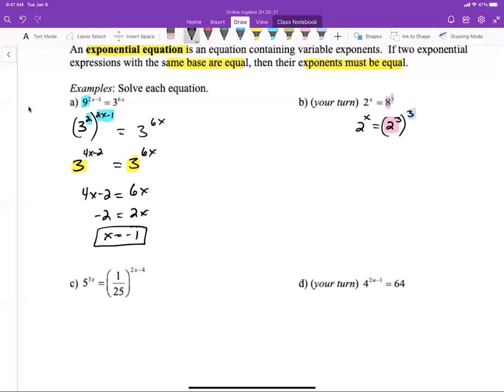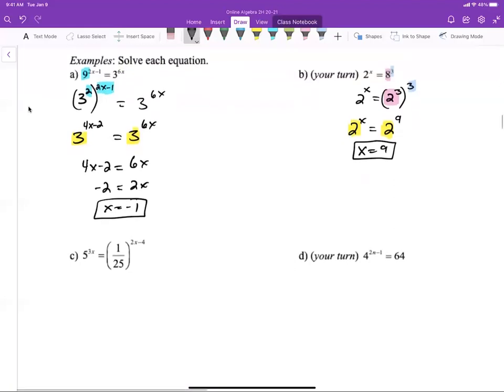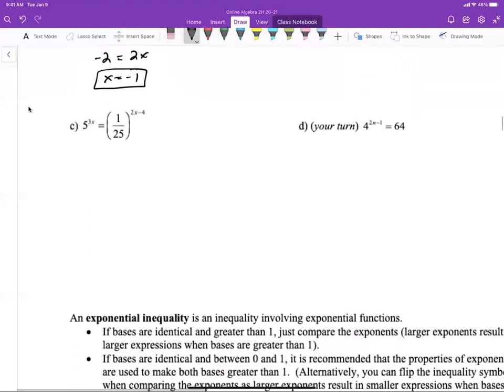Now I've used my rules for exponents, and I find that 3 times 3 is 9, so the right-hand side becomes 2 to the ninth. So now that I have it in a form where I have the same bases, let's use a different color, I can then set my exponents equal to one another, and we find x to be equal to 9. All right, that's the general approach.